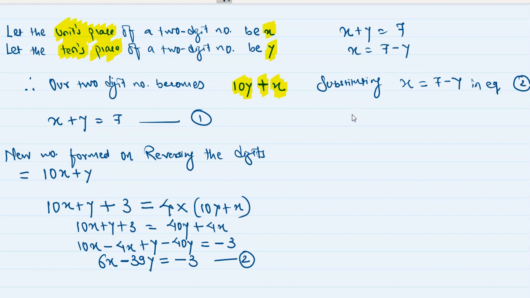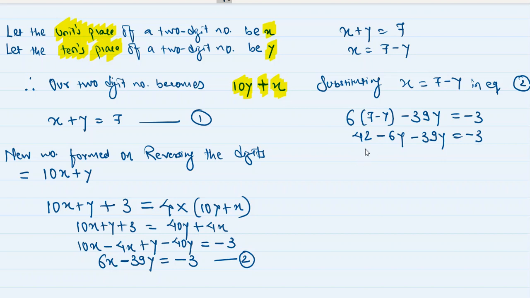So I will get 6 bracket 7 minus y minus 39y is equal to minus 3. Okay, so this will become 42 minus 6y minus 39y is equal to minus 3.